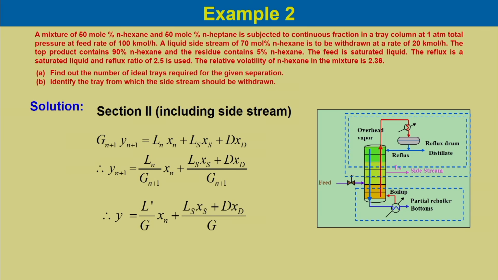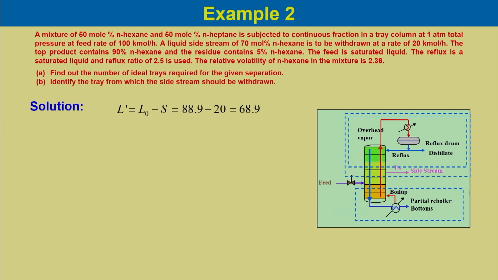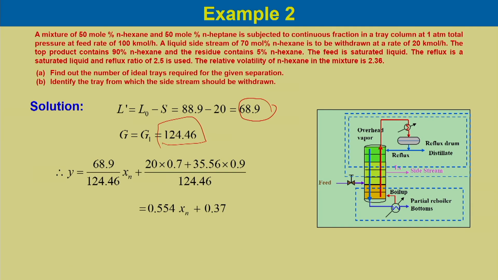If we substitute the values, L dash would be equal to L0 minus S, which is 68.9 kilomole per hour, G would be equal to G1, so it is 124.46. So, the operating line equation y would be equal to 0.554 xn plus 0.37.